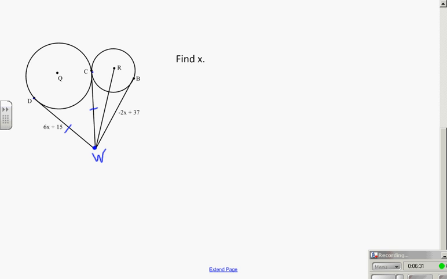W to D is going to be the same as W to C, because those are tangents drawn from the external point to the same circle, only focusing on circle Q. If I look over at circle R, WB has to be the same as WC, because that is also two tangents drawn from an external point to the same circle.